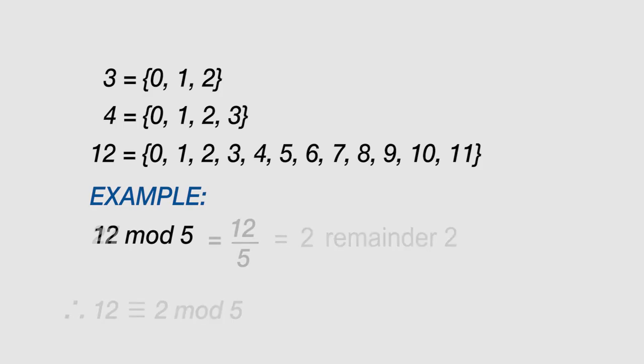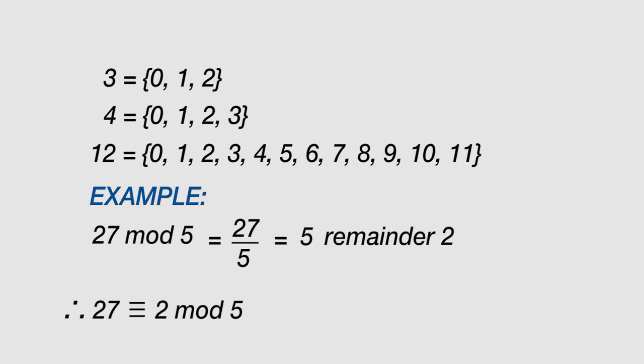Again, we want to write 27 as a number in mod 5. So we divide 27 by 5, and we get a whole number of 5 and a remainder of 2. So we say 27 is equivalent to 2 in mod 5.